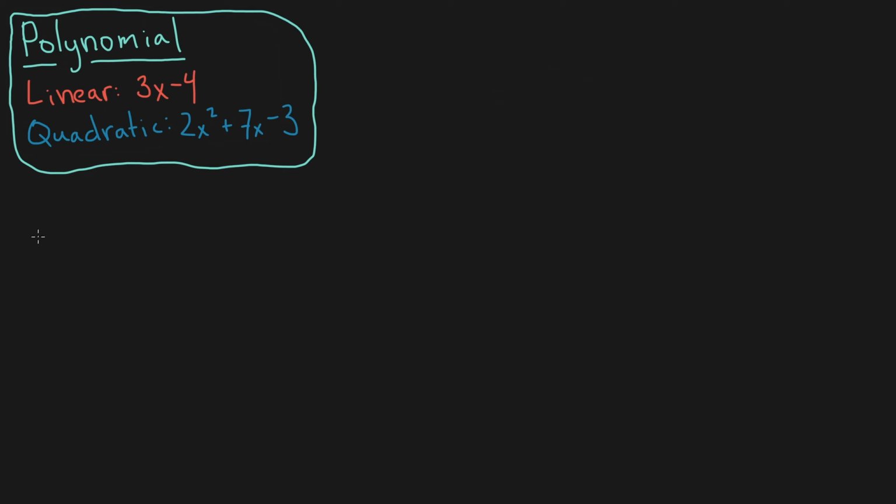Well, there's a few requirements. So let's see here. I'll write out requirements. These are the things that have to be the case with an expression in order for it to be a polynomial. So the first thing is that we need to have a finite number of terms.